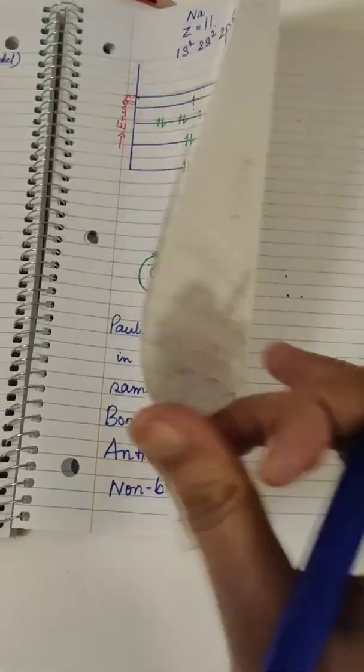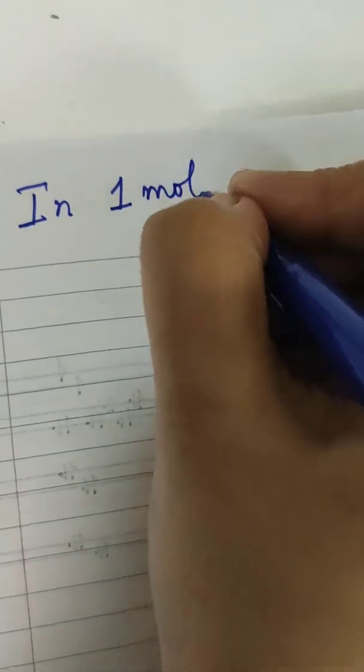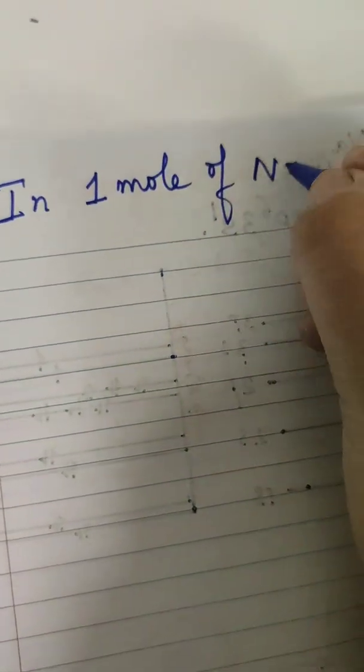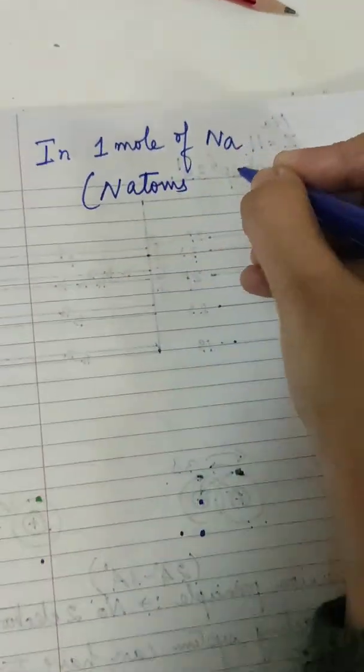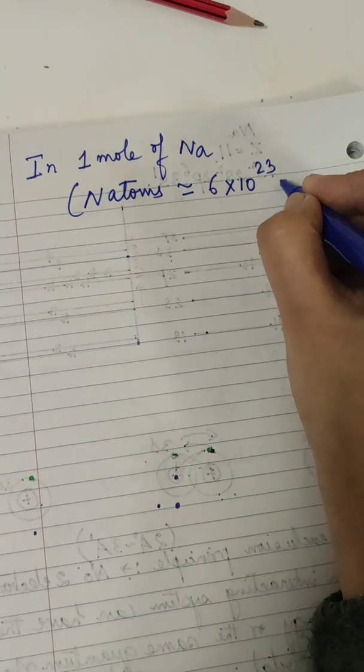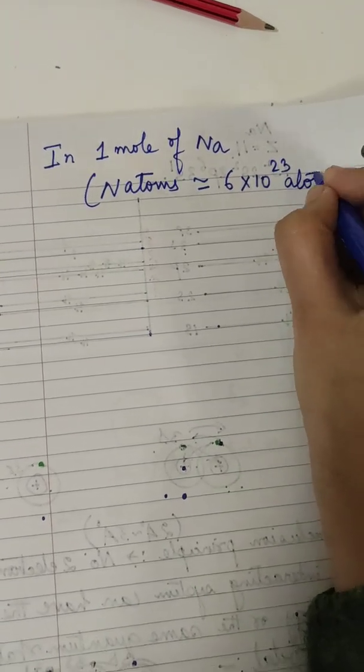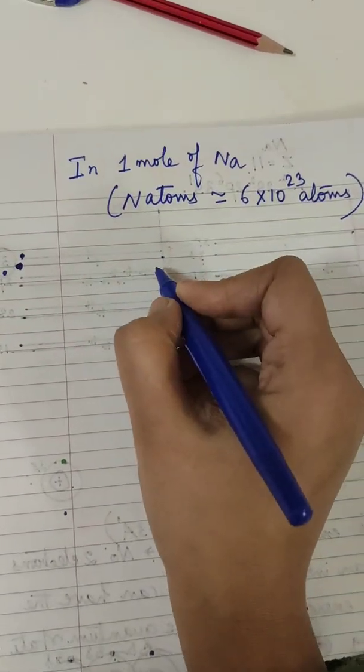So in one mole of sodium, consisting of n atoms, meaning 6 into 10 to the power 23 atoms, how many energy levels will there be?